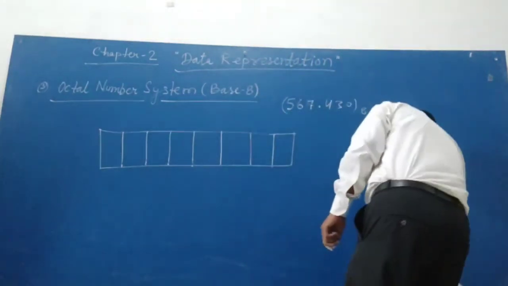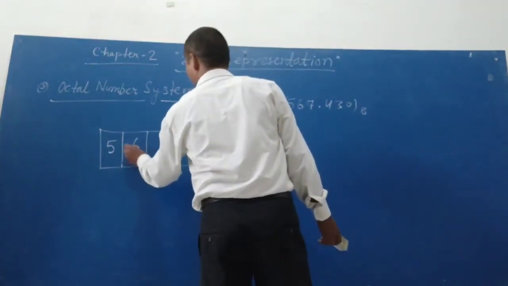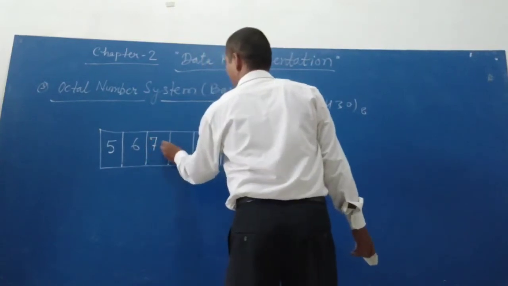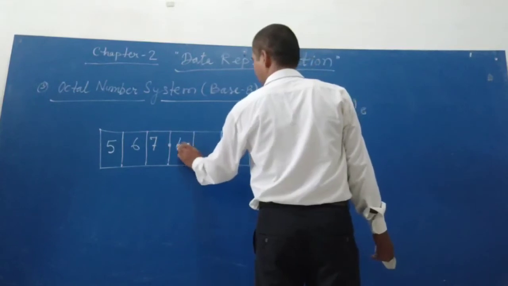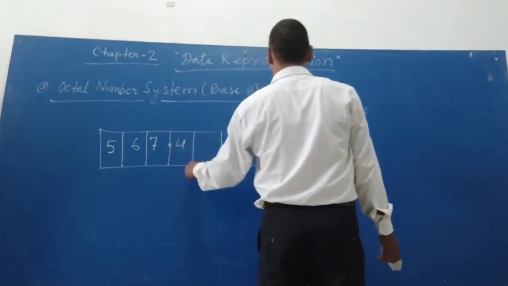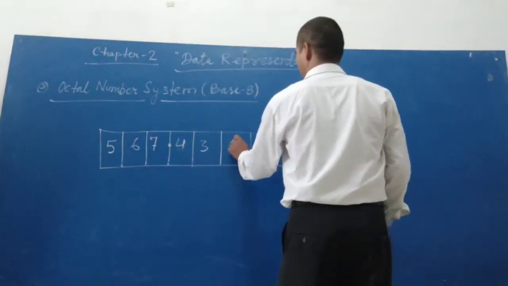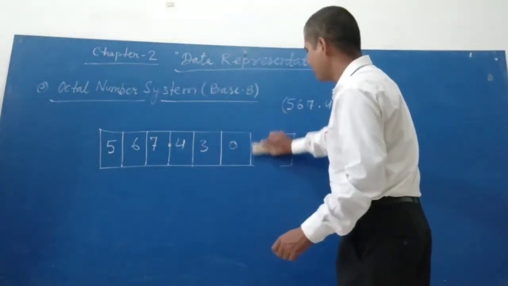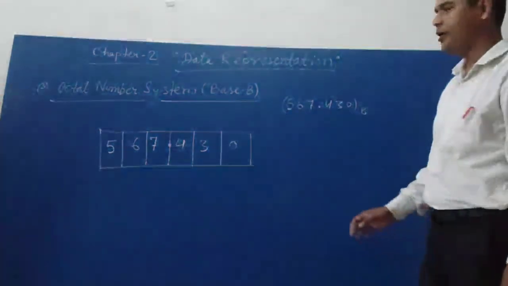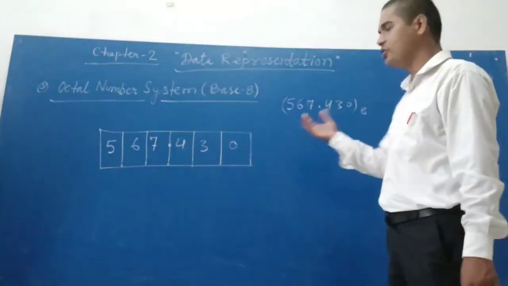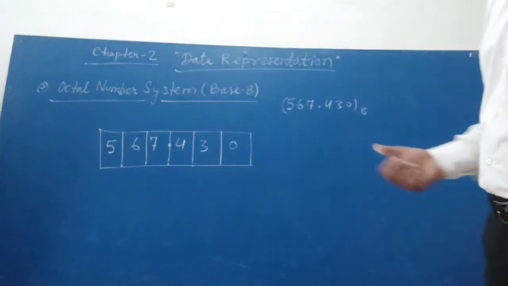Okay, so see here, this is 5, 6, 7, 4, 3 and 0. These two boxes are not used, that's why I am erasing them. Now see how the positional value is represented in the octal number system.